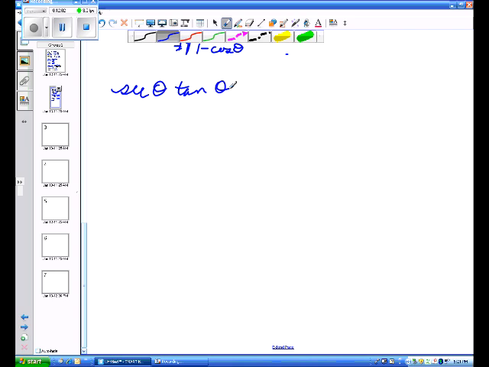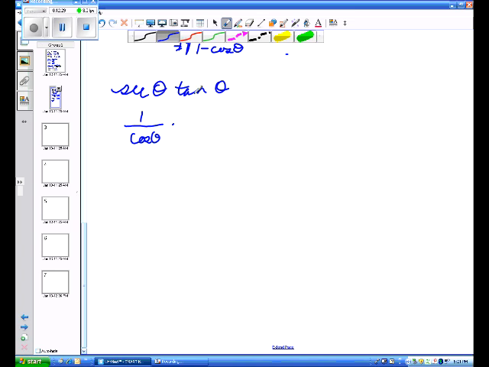Now when we get through with this, we only want sines and cosines. And then we always want to simplify it down if we can. So let's stop and think what we know in terms of sine and cosine. We know that secant is the reciprocal of cosine. So we could write secant as 1 over cosine theta.